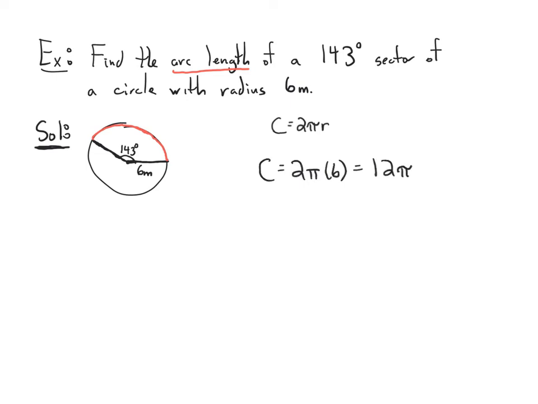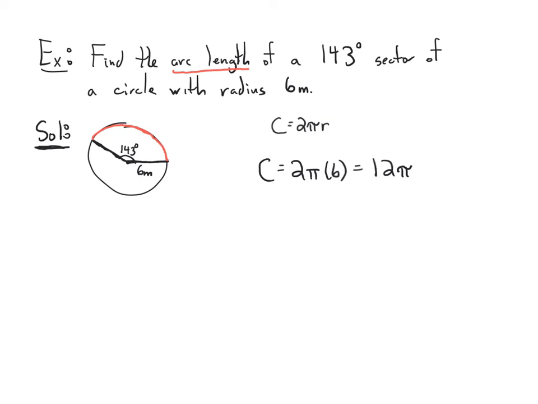I'm just going to leave it as 12 times pi for now. If you wanted to approximate it, you just let pi equal 3.14, do that multiplication, and you get some approximate value. But I'm going to leave it as 12 times pi. That's fine.